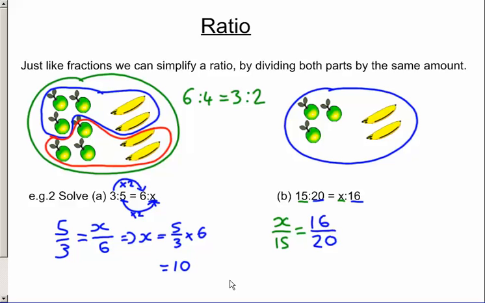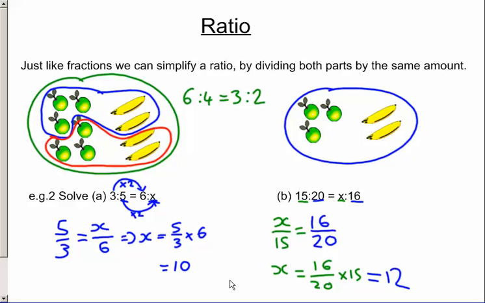To solve this, we multiply by 15 on both sides, so we get x equals 16 over 20 times by 15. And when we work that out, we get an answer of 12.